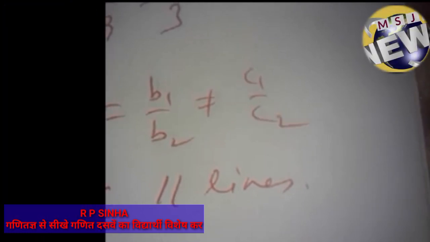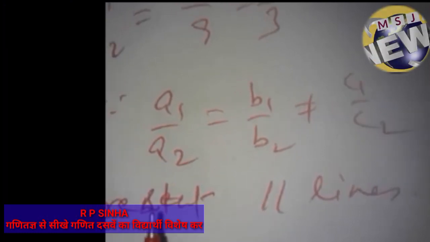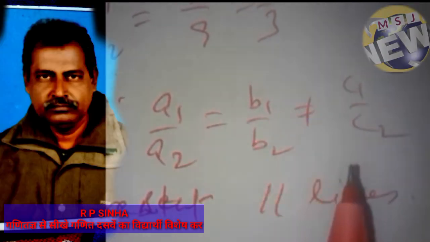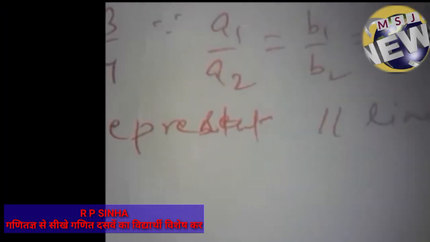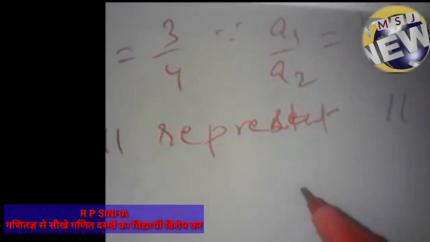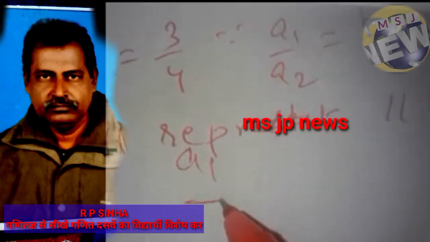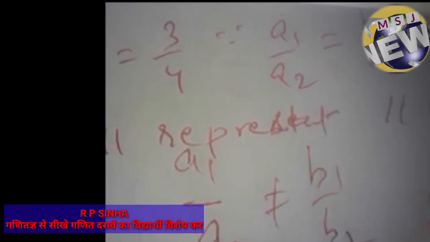If the coefficients are in this form, A1 by A2 is equal to B1 by B2 is not equal to C1 by C2, then there will be parallel lines. And if the ratio of coefficients is in this form, A1 by A2 is not equal to B1 by B2, then it has a unique solution.